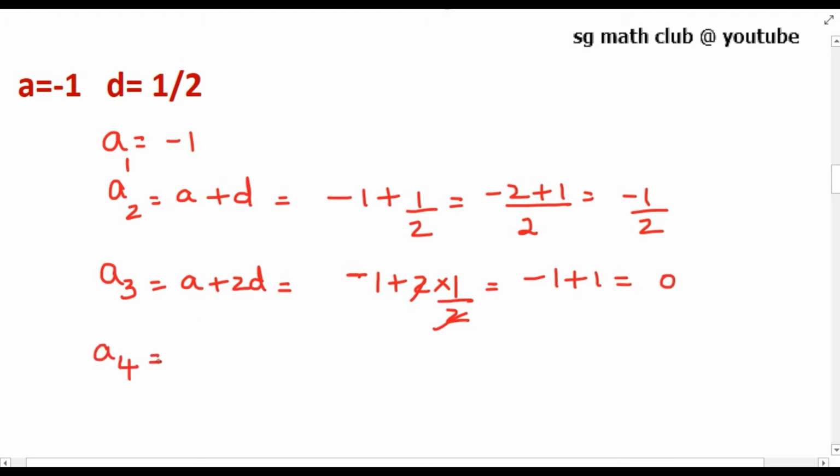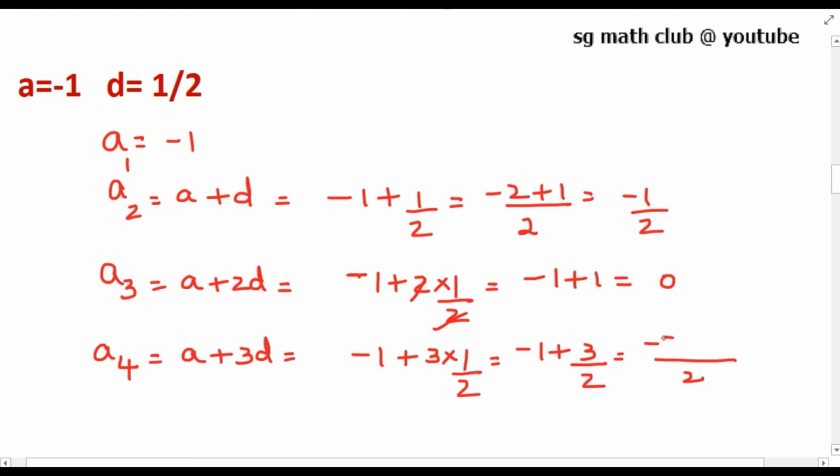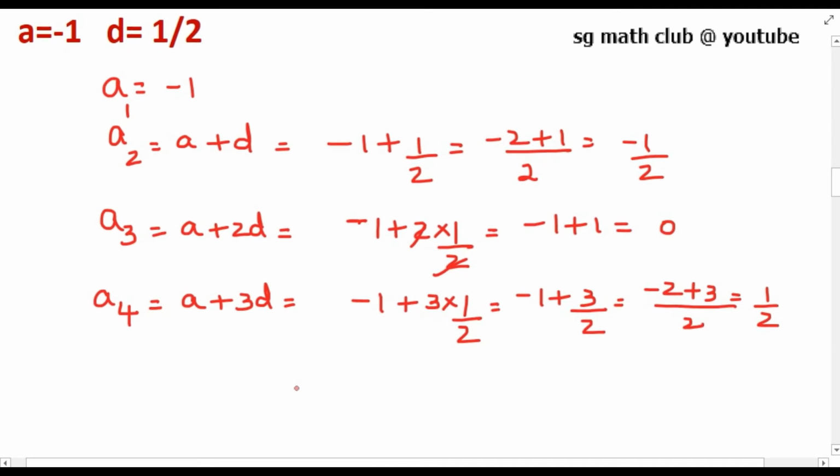Now A4 is A plus 3D. So minus 1 plus 3 into half. So minus 1 plus 3 by 2. When you take the LCM, minus 2 plus 3, which is equal to 1 by 2. So my 4 terms of the AP are minus 1, minus 1 by 2, 0, 1 by 2.